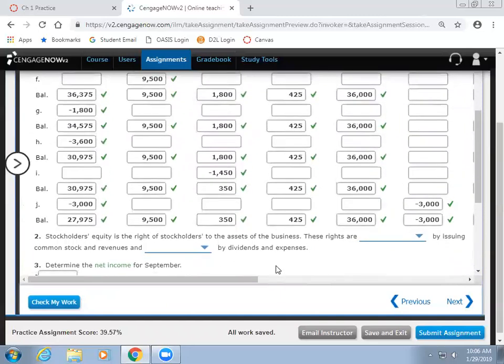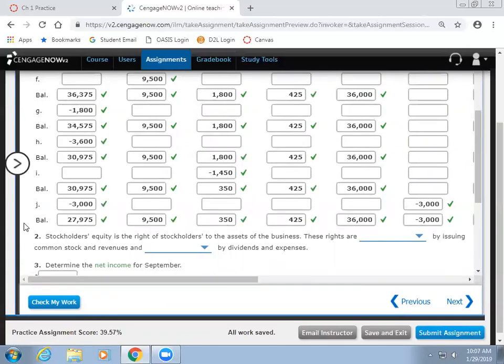It won't be activated on the test, I know, but you will have it on your homework, so you can click that as many times as you want. It's a learning experience, so it'll help you get that correct. Any questions on any of the transactions?